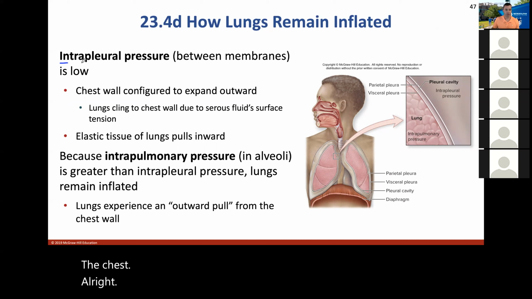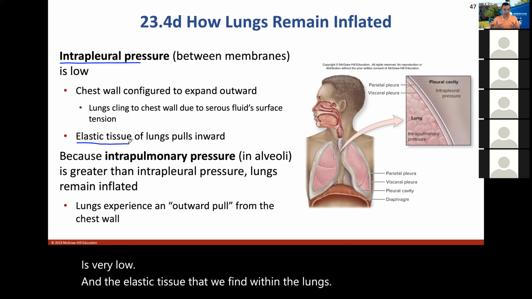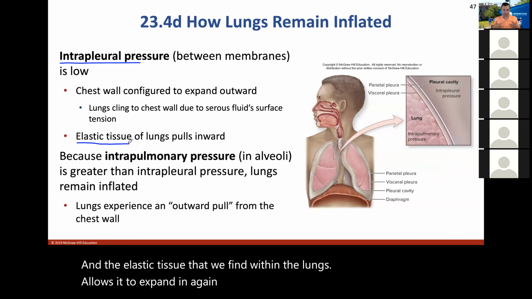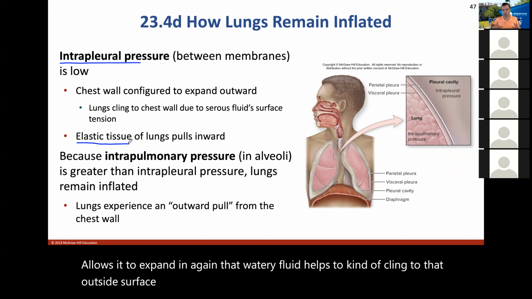We have intrapleural pressure. This is very low. And the elastic tissue that we find within the lungs allows it to expand. And again, that watery fluid helps to cling to that outside surface and expand those lungs even more.